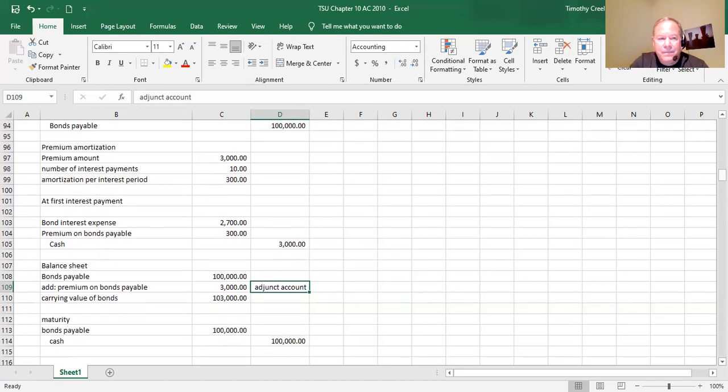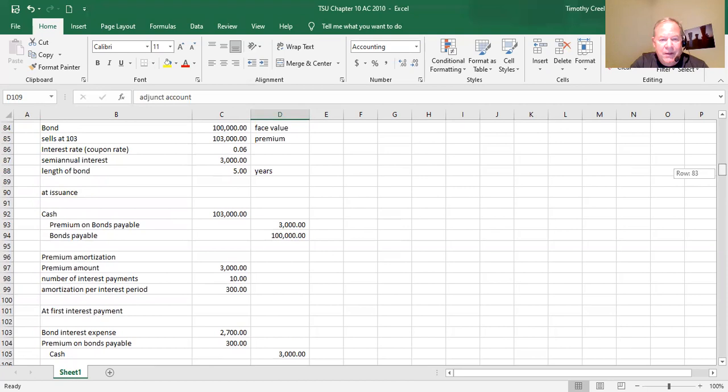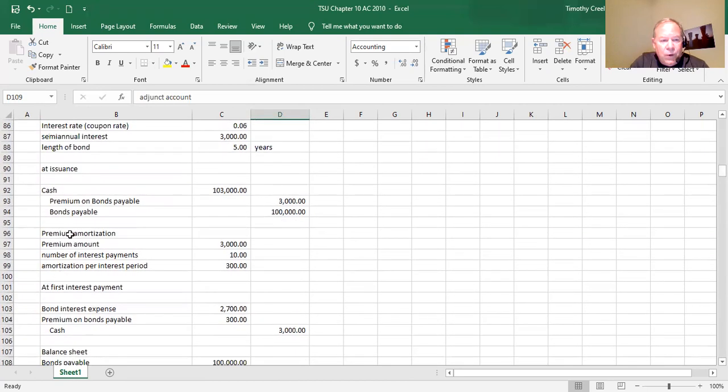So let's look at our first interest payment. We're going to have to amortize the premium in the same way that we amortize the discount, because we received 103, but we're only going to have to pay back 100 when the bond matures. So the premium amount is 3,000.